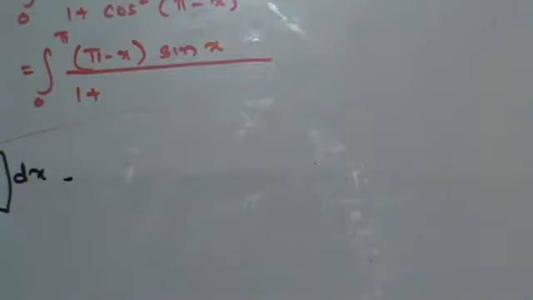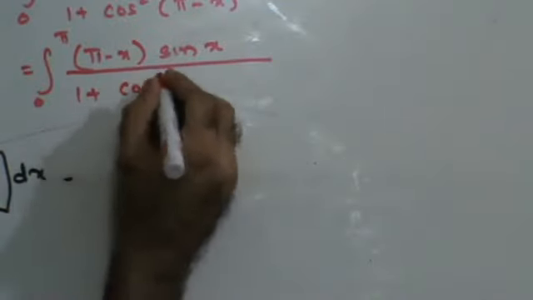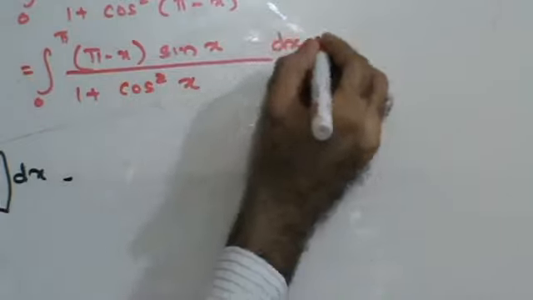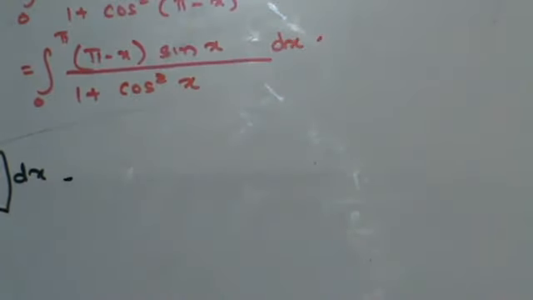Cos 180 minus theta in the second quadrant, the cos ratio is negative, so it is going to be minus cos theta, but since it is squared, minus squared will give you plus, so this will be cos square x, right?